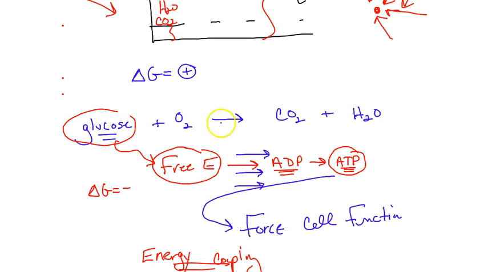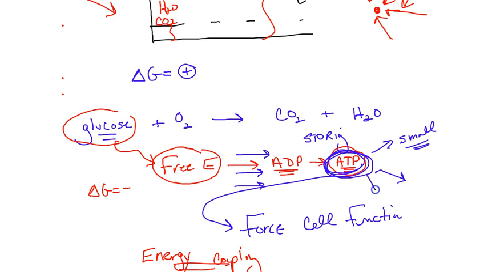So essentially, we're storing energy from the glucose into the ATP. And we're doing so in small increments because we're going to need this energy to what? Build proteins, build enzymes, make the cytoskeleton, divide the cell. All of those functions are non-spontaneous.